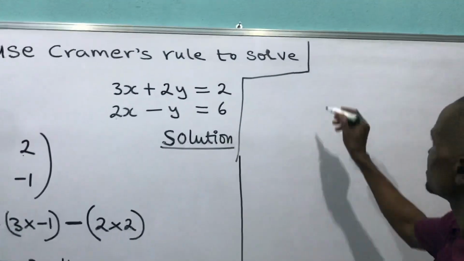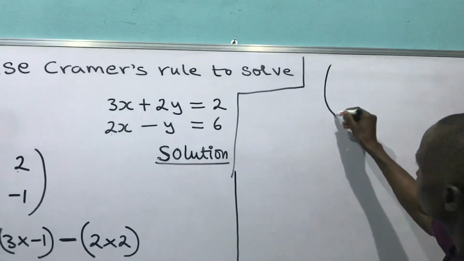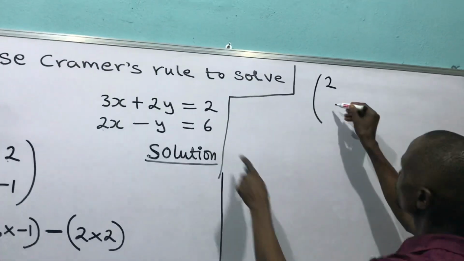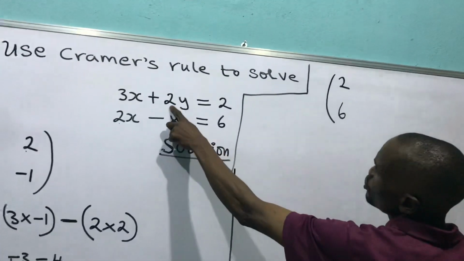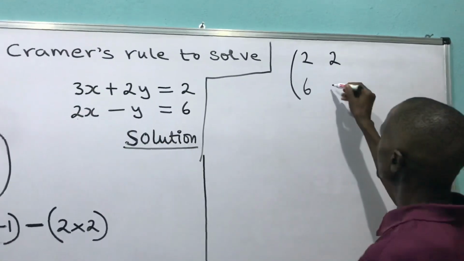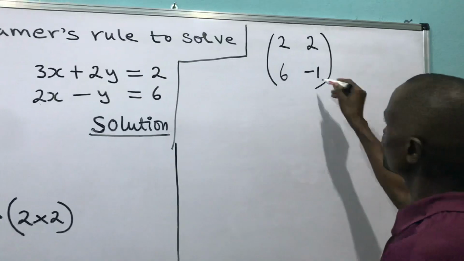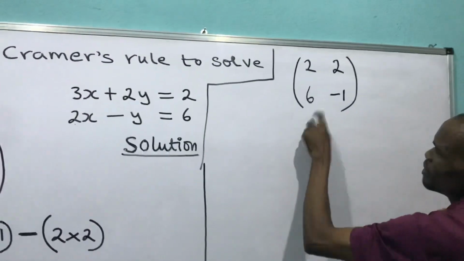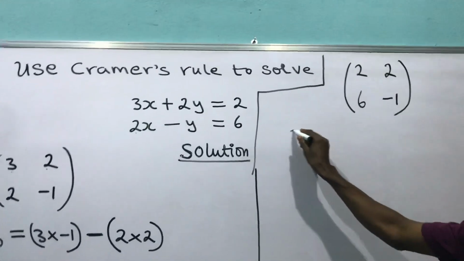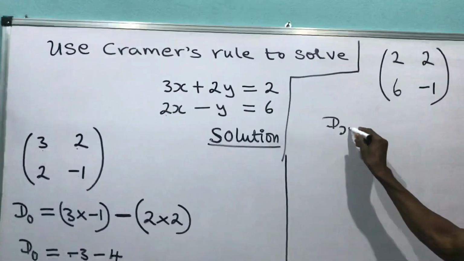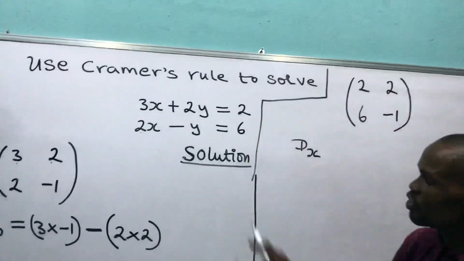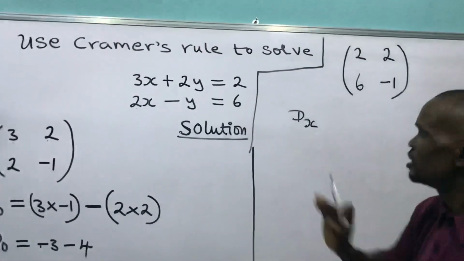When I replace it, I will have 2 and 6. The coefficient of y is 2, and the coefficient of y here is minus 1. Look at here, I have used this to replace the coefficients of x. Then when I have done that, I will say Dx. Why did I call it Dx? Because I have replaced x with the constant.